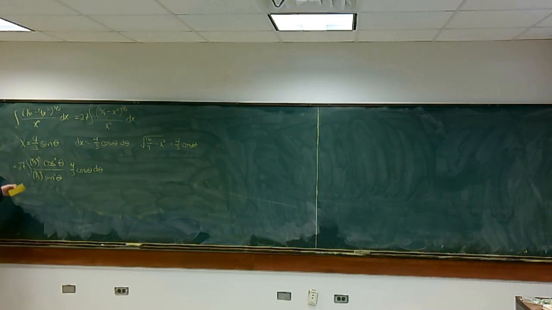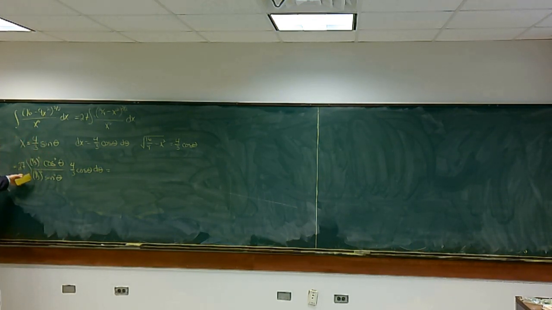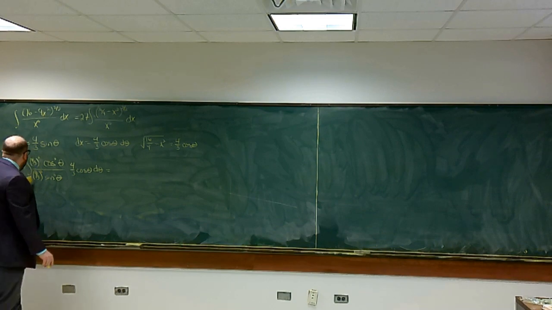Right. 9 times 27. 243, I think. Yeah, it's 3 to the 5th. Right. 3 to the 5th, 243.